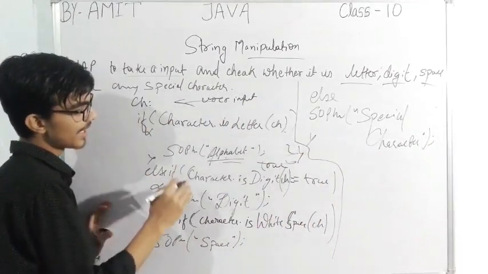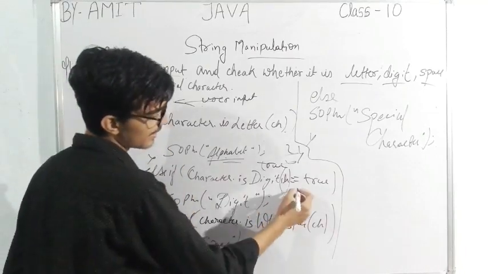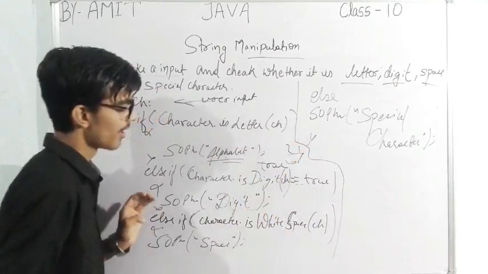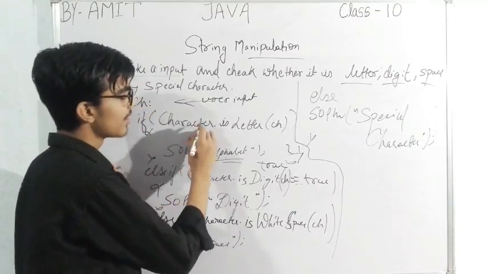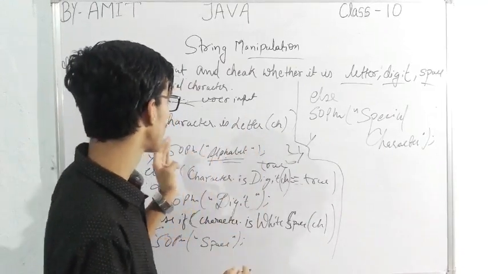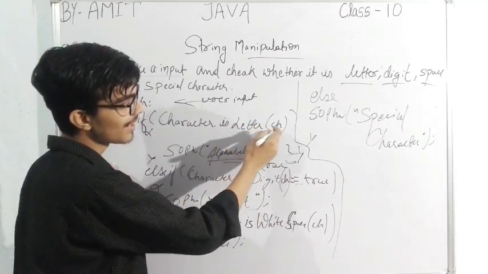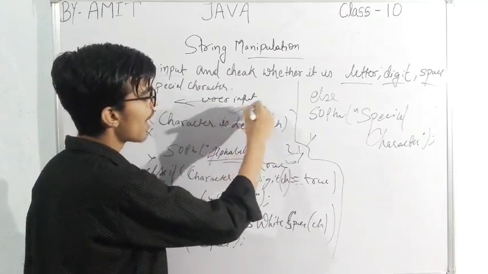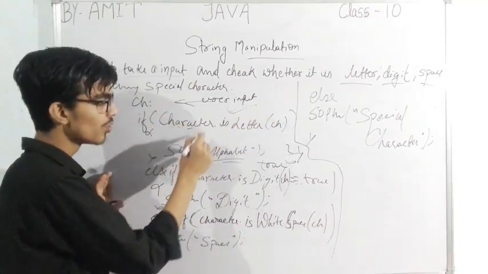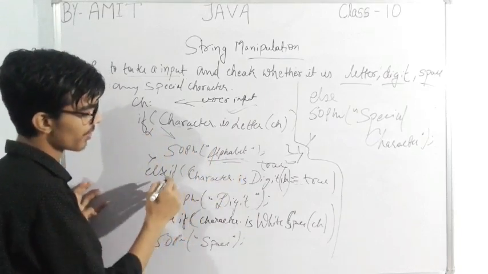Now we'll understand how it is working. There is one question: here I have written equal to true, and here I have not written it. Why? Character.isLetter returns a boolean value, so it will return true or false. If it is a letter, it will return true, and if the condition is true, it goes inside the if and prints alphabet.